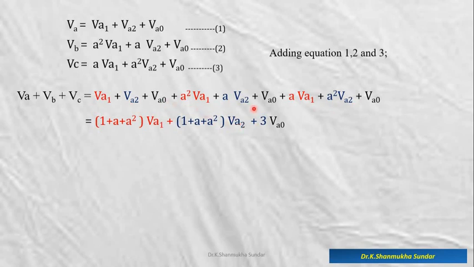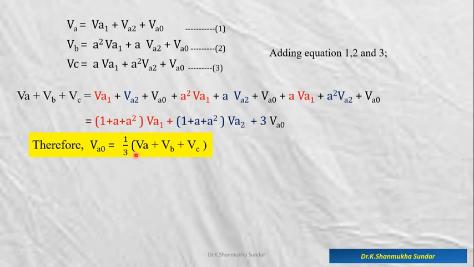Then VA0, VA0, VA0: all these three quantities are added up, so it will be 3 VA0. In the previous slide we have seen that 1 plus A square is equal to 0. So this is 0 and this is also 0. What is left is 3 VA0 is equal to VA plus VB plus VC. So VA0 is equal to 1 over 3 times VA plus VB plus VC. I think you understood this one.